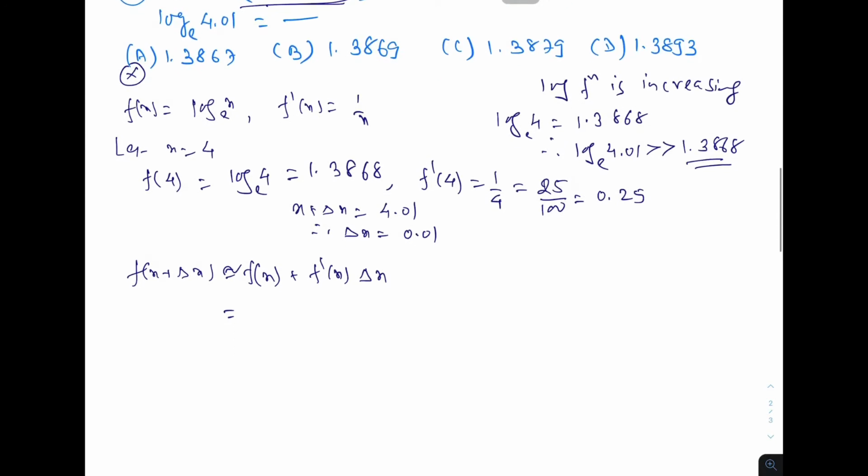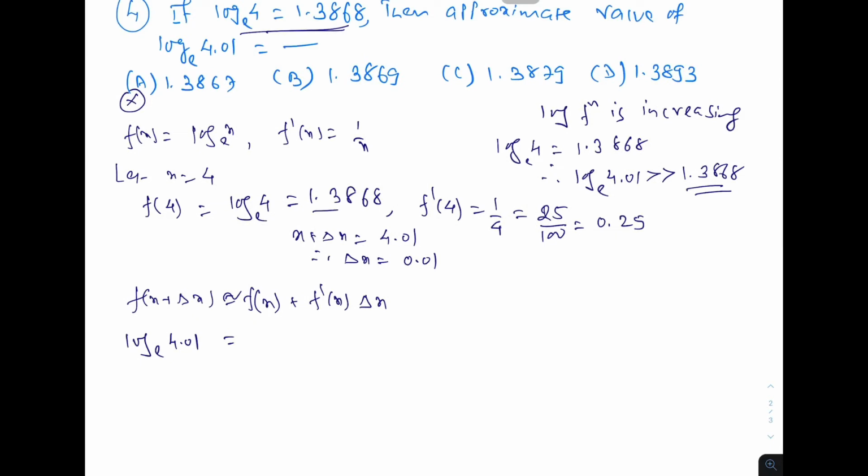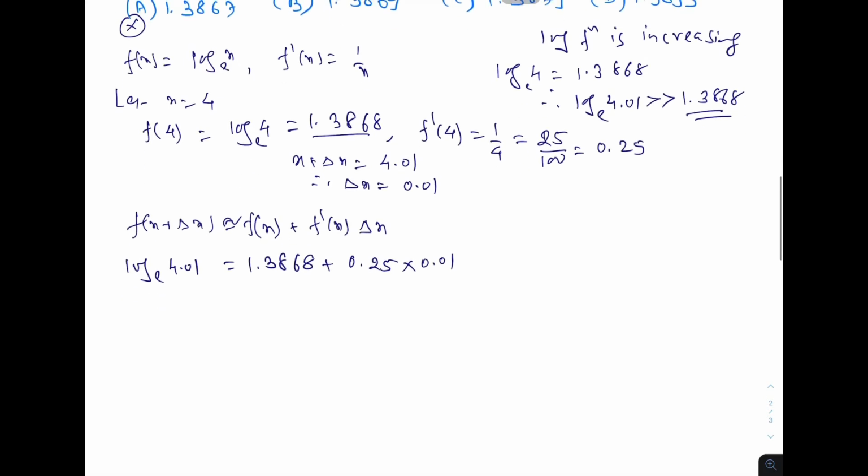So this is now log of 4.01. Now f of 4 is 1.3868, f dash is 0.25, and delta x is 0.01.